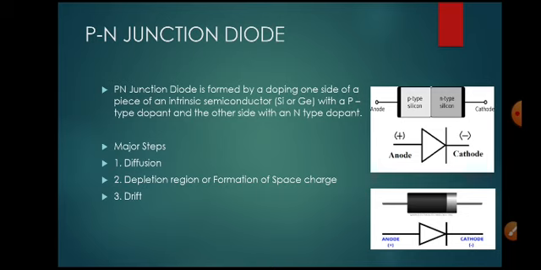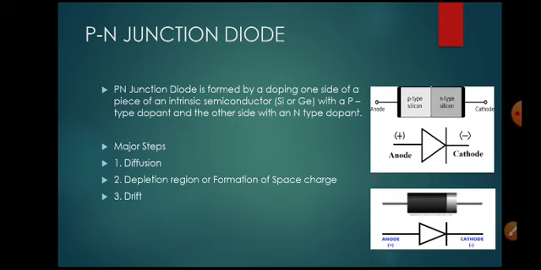So consider a pure semiconductor whose left side is doped with p-type dopants, so we have a majority of holes in this region. The p-type is a positive type; the majority charge carriers are the holes and the minority charge carriers are the electrons.